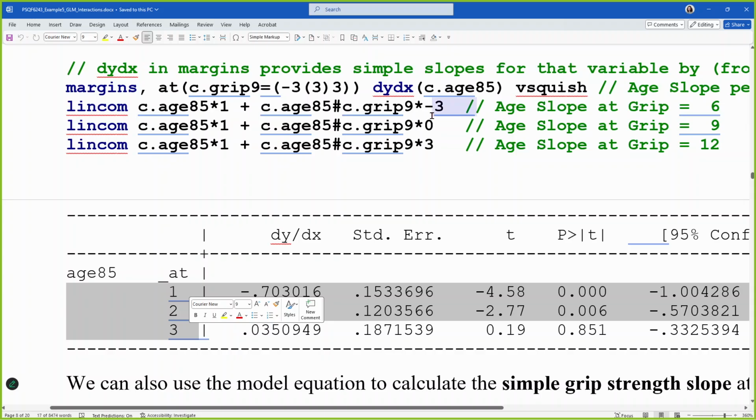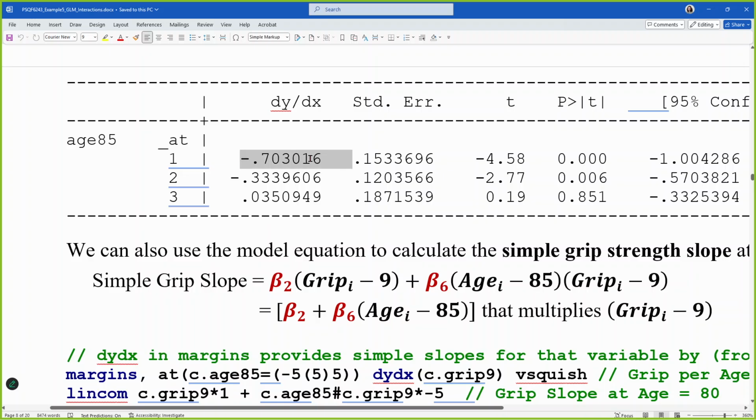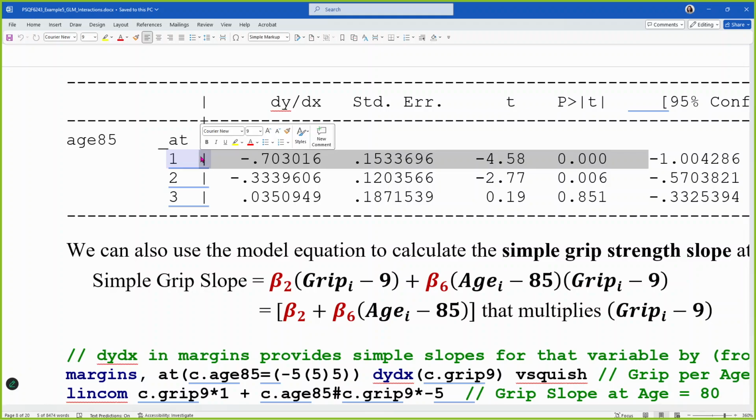So I find that annoying. No, we don't know how to fix it? Okay, well, it's just going to be a pain point then. That's fine. So this is the age slope at a grip strength of 6, and it is significantly negative. Yeah, so age is worser for you if you're weak. That's what this is saying.